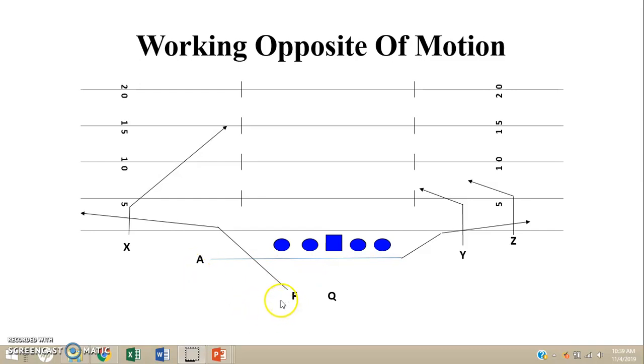Now in this play, we're going to release the F into the flats, running basically a shoot route. We call that a shoot route into the flat area on the snap of the ball. So A goes in motion, he exits the tackle box, we snap it. If the quarterback likes his matchups here, the numbers, we win the numbers battle here, then he's going to work this side. If this defender runs with A, then he may want to work this side.